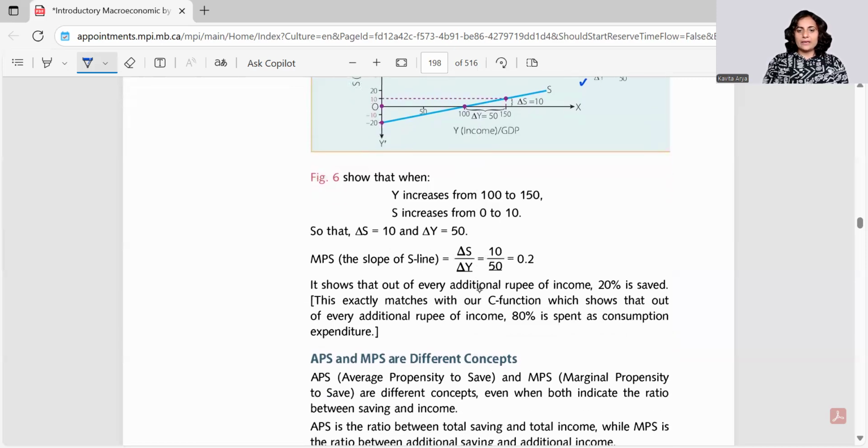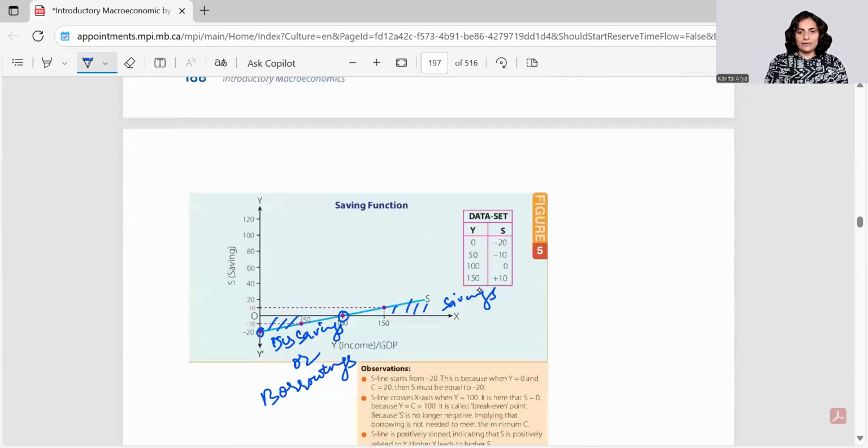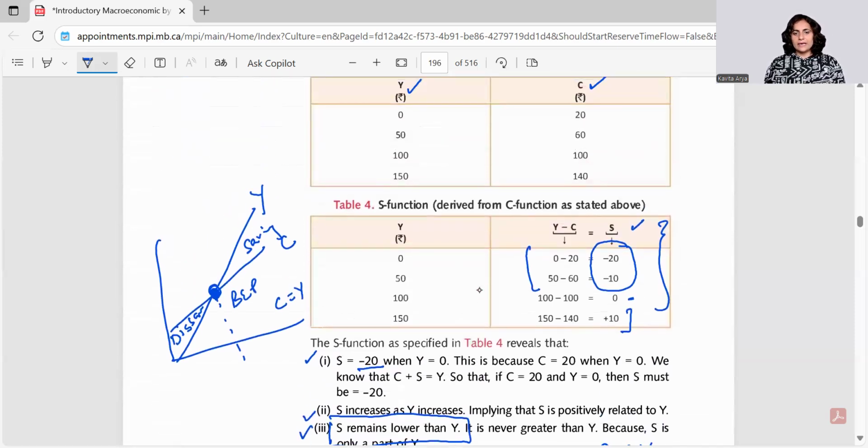So we can find from the previous table also like this, for every change of y, there is a change of s. For example, when y is changing from 100 to 150, the change in y is 50, whereas the change in s at this level is 0 to 10.